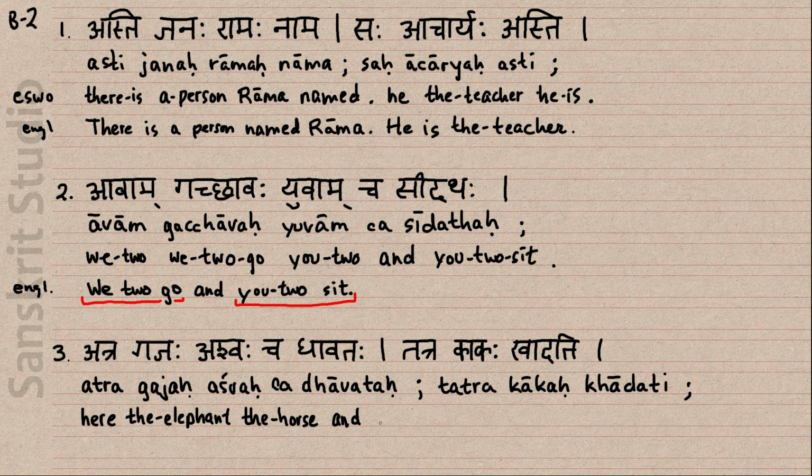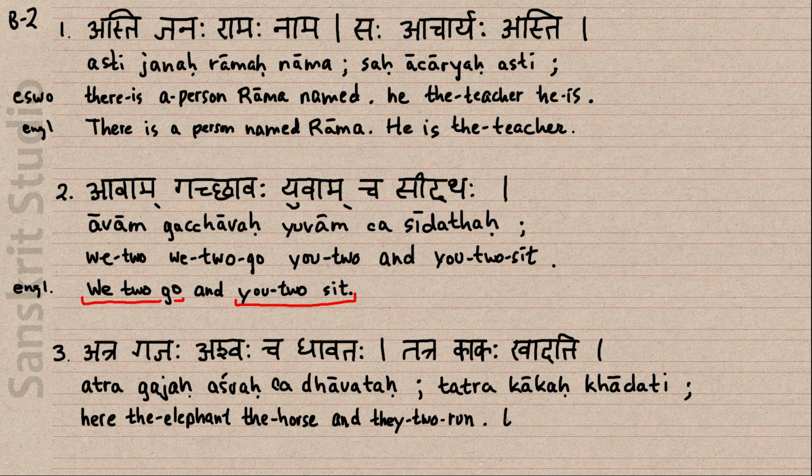So it's simply they two. They two do something, namely dhavati. So they are running. They two run.